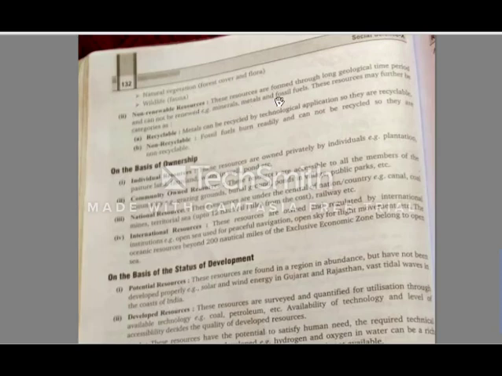Now, the second point is non-renewable resources. These resources are formed through a long geological time period and cannot be renewed. Materials, metals, and fossil fuels. For example, minerals like coal.